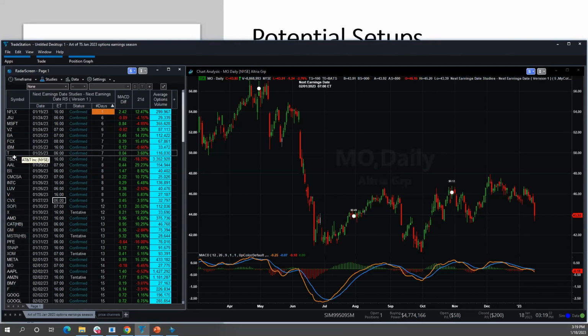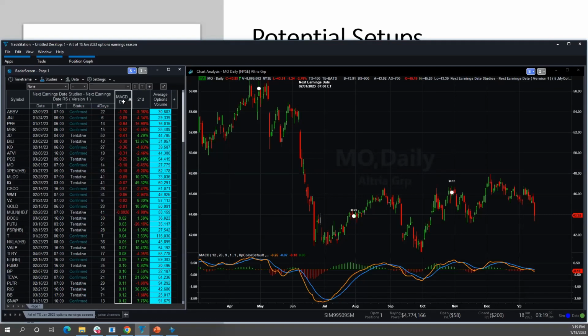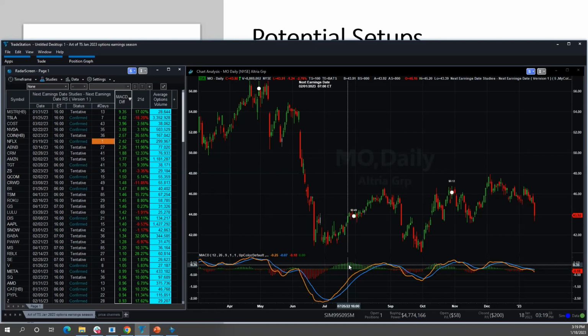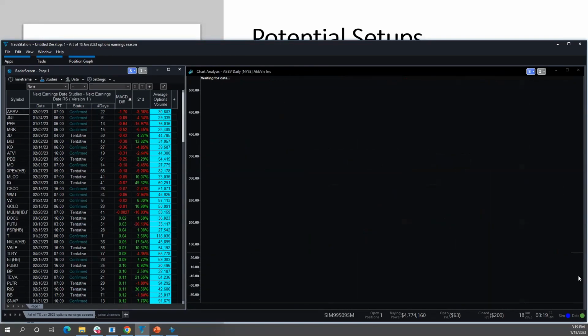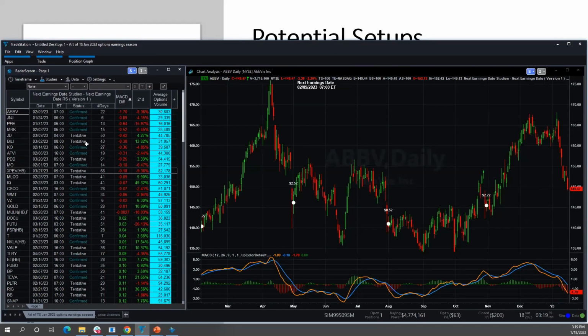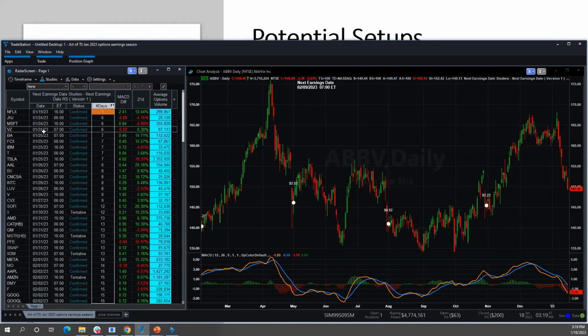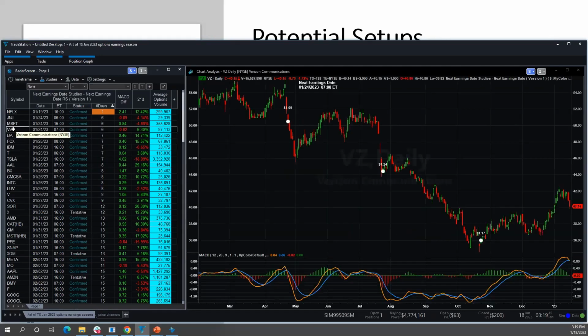Now, another thing I've done is I've provided a special indicator called MACD diff. This is just the histogram portion of MACD. If it's positive, like MicroStrategy, for example, it means MACD is rising. If it's negative, it means MACD is falling. So this allows you to quickly see, okay, here's a company that reports earnings in 6 days, and MACD is starting to move lower, for example.